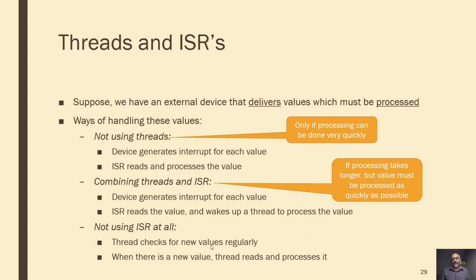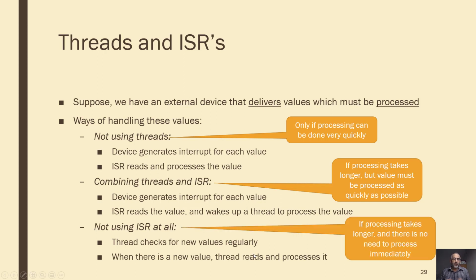The only thing you can do then is make a thread that checks for new values every so many milliseconds or microseconds. And then when there is a value, read it and process it. This is an okay option if it doesn't matter that it takes a little bit of time between the value becoming available and the start of processing the value.